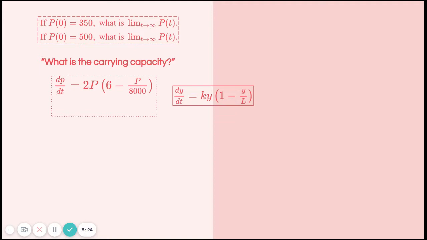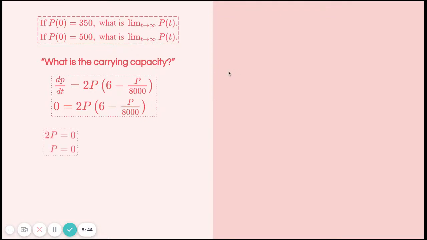Now you can either do some magical algebra to transform it into something similar to the original equation and then look for L, or you can simply set it equal to 0, using the knowledge that dP/dt equals 0 as t approaches infinity. P will either be 0 or 48,000, the ending population.